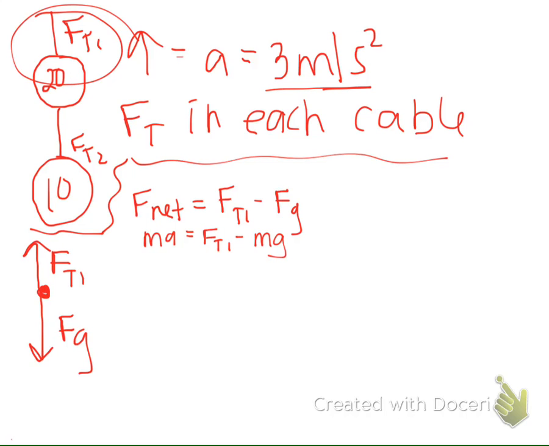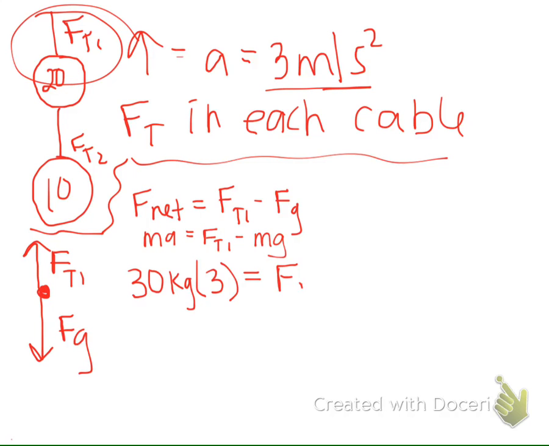Okay, so we just did a couple simple substitutions there. We talked about how since we're looking at the top cable, the mass becomes what? 30 kilograms. What do we know our acceleration is for the whole system? 3. And is it accelerating upward or downward? Since it's accelerating upward, our acceleration stays positive.